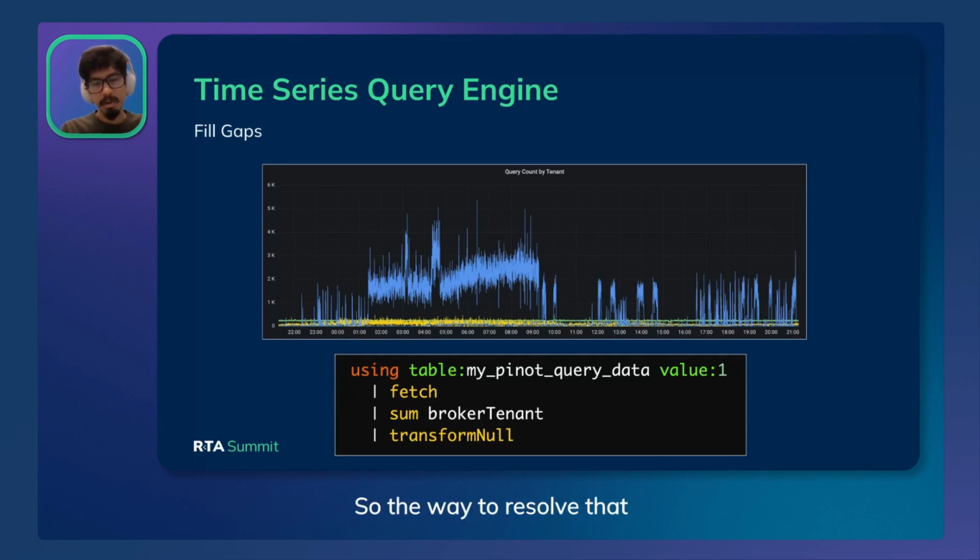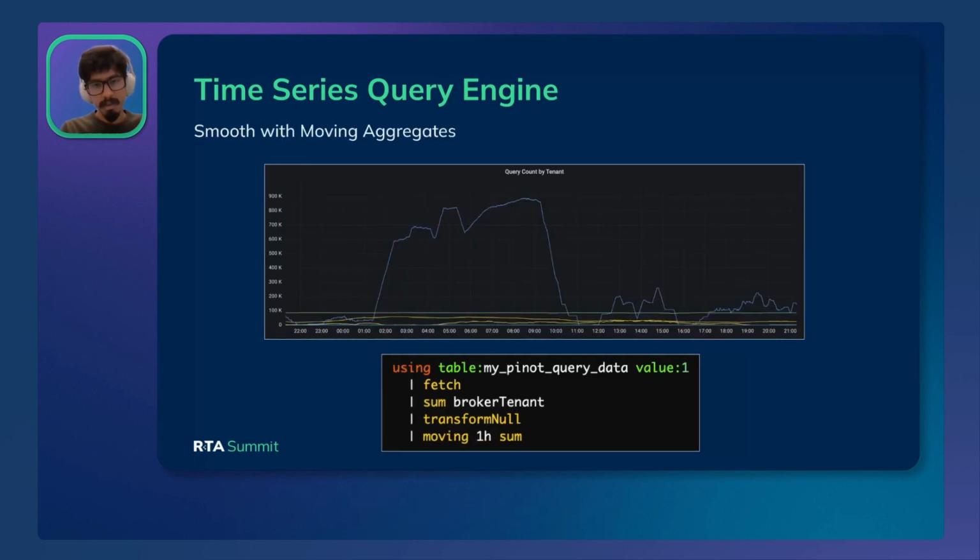So the way to resolve that is to use moving functions. In this case, I've shown moving 1 hour sum as an example. As you can see, we have eliminated all the spikes. At the same time, I can also see the smaller spikes that are happening within an hour. For example, between 1 to 2, I can see that the increase happened gradually and it wasn't sudden.